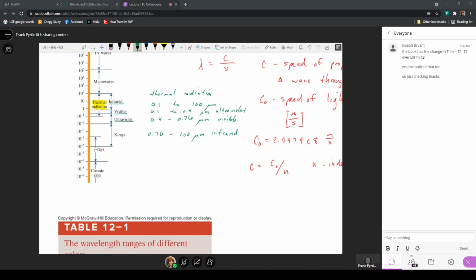Now, this part of the ultraviolet range that is from 0.1 to 0.4 microns, where the entire ultraviolet range goes from 0.01 to 0.4 microns.